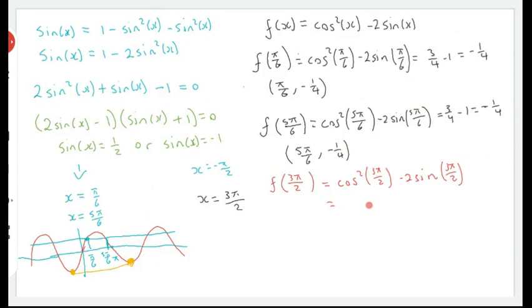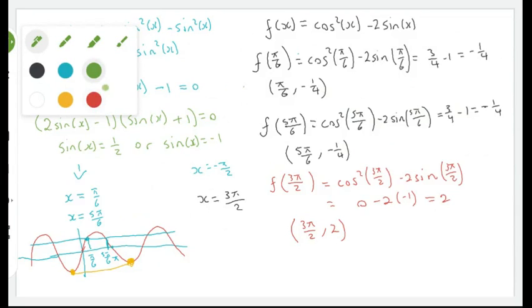And that's equal to 0 minus 2 lots of minus 1, since sine of 3 pi over 2 is minus 1. That's going to be 2. So this coordinate is going to be 3 pi over 2, comma 2.